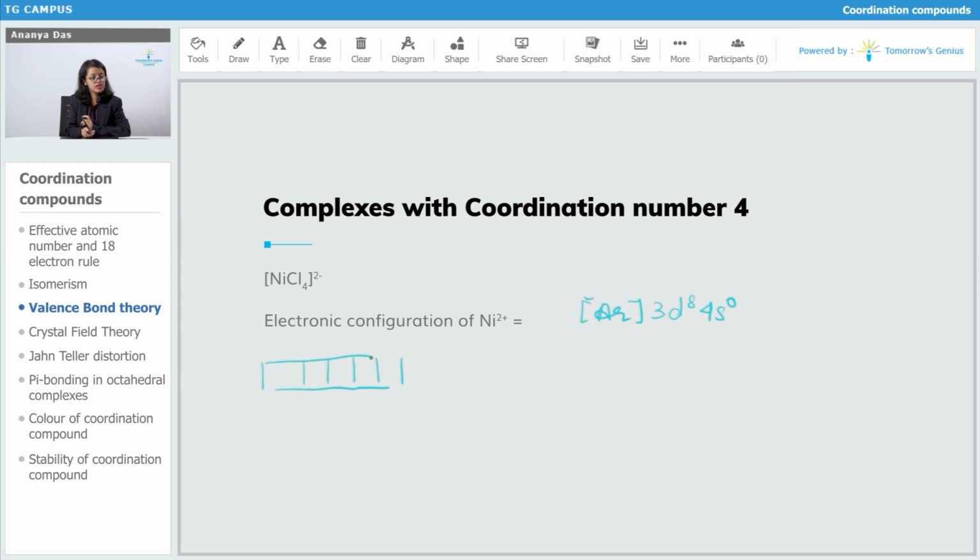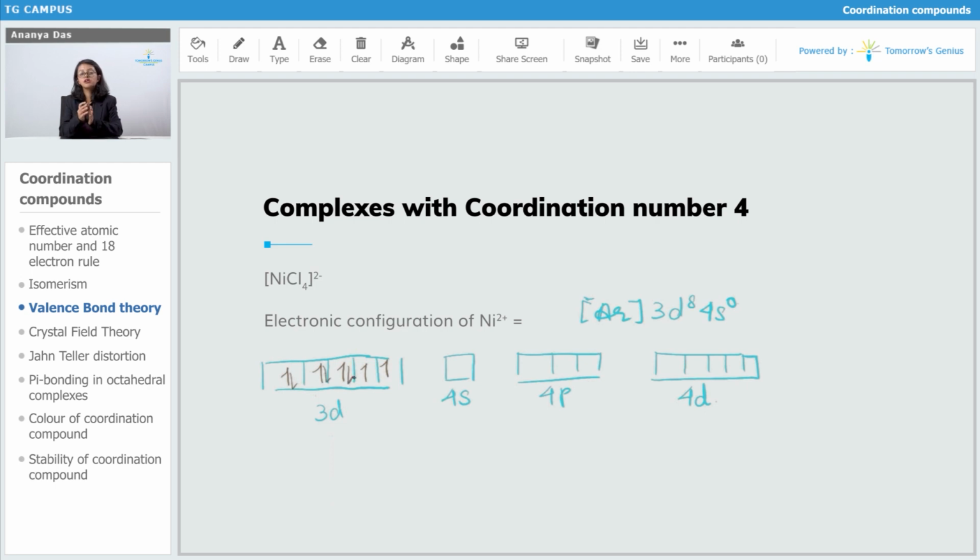So this is the 3d, 4s, 4p, 4d. Now fill in the electrons of nickel. So that's 8: 1, 2, 3, 4, 5, 6, 7, 8.